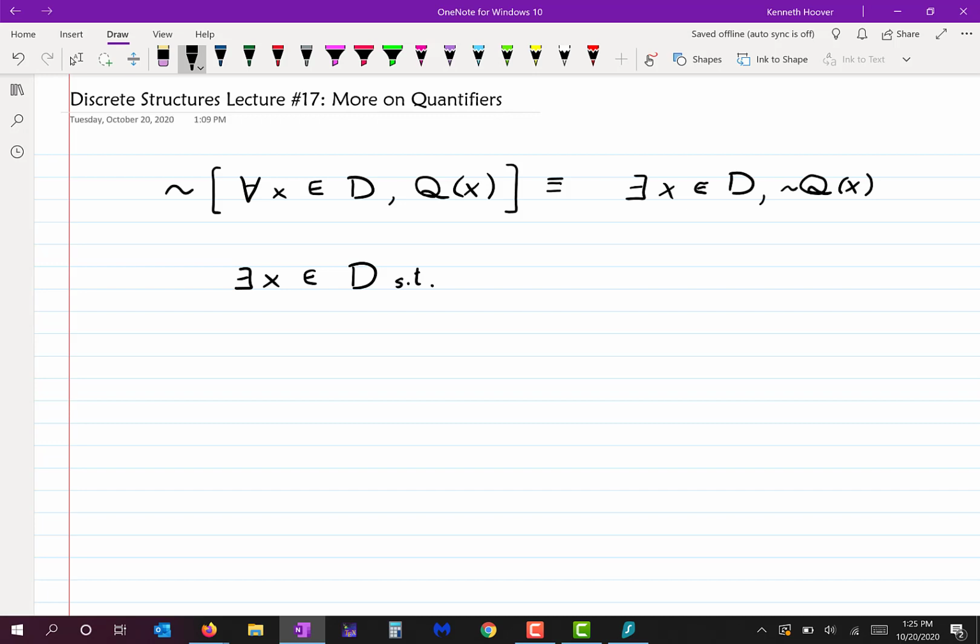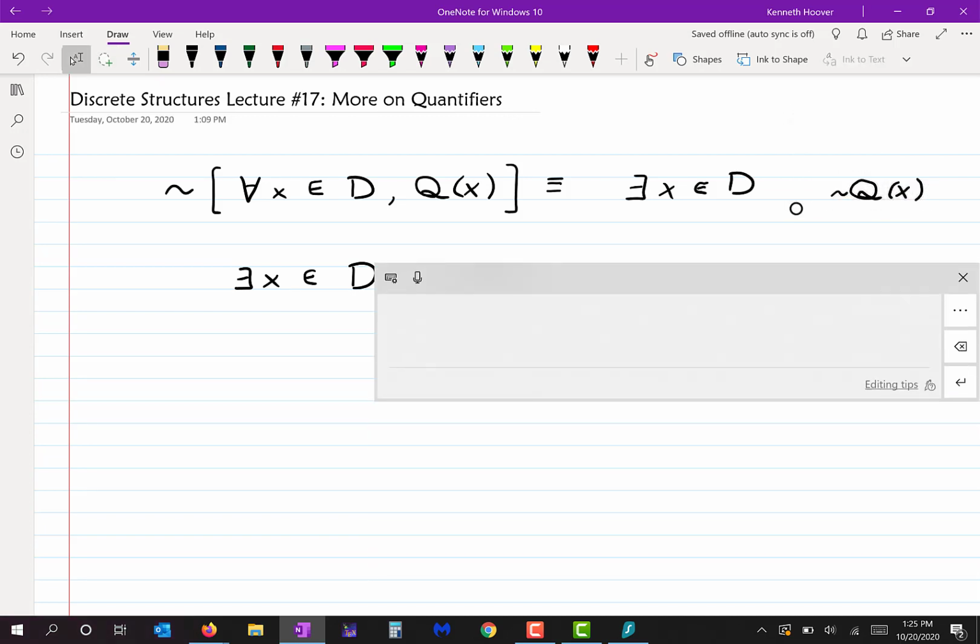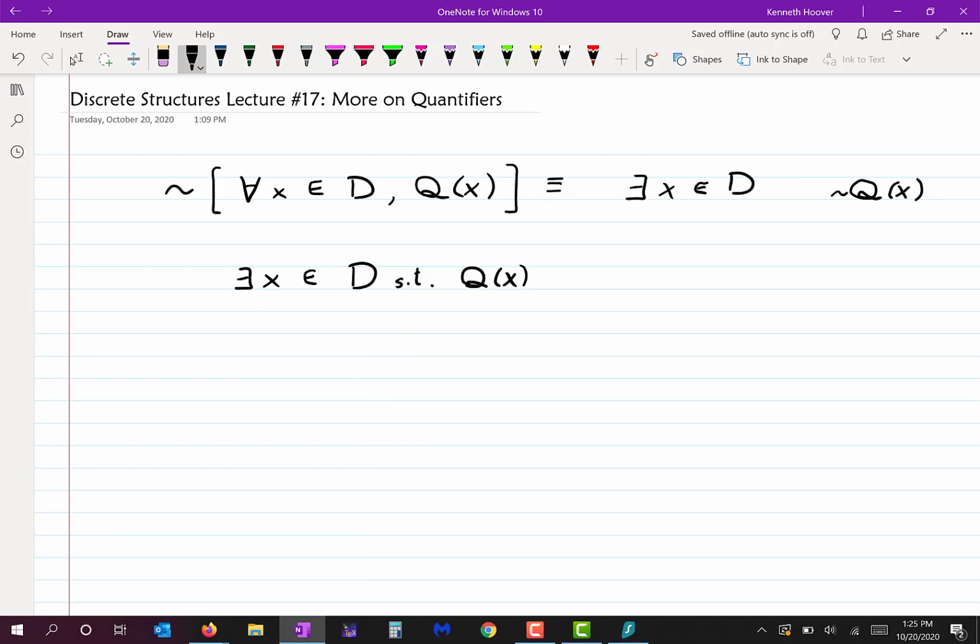After an existential statement is not a comma, but the words such that, which means I should go up here to this existential statement. I shouldn't have written a comma, I should have written such that. Let me fix that. The book uses a comma to stand for the words such that. I don't really like that. That seems very awkward to me. I've never seen anybody use a comma for such that. Okay, so let's get back to this. There exists an x in D such that Q of x.